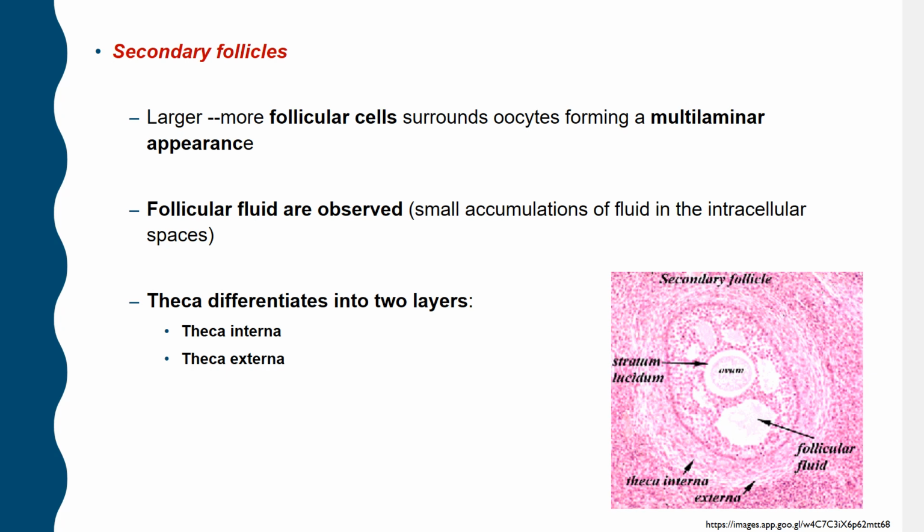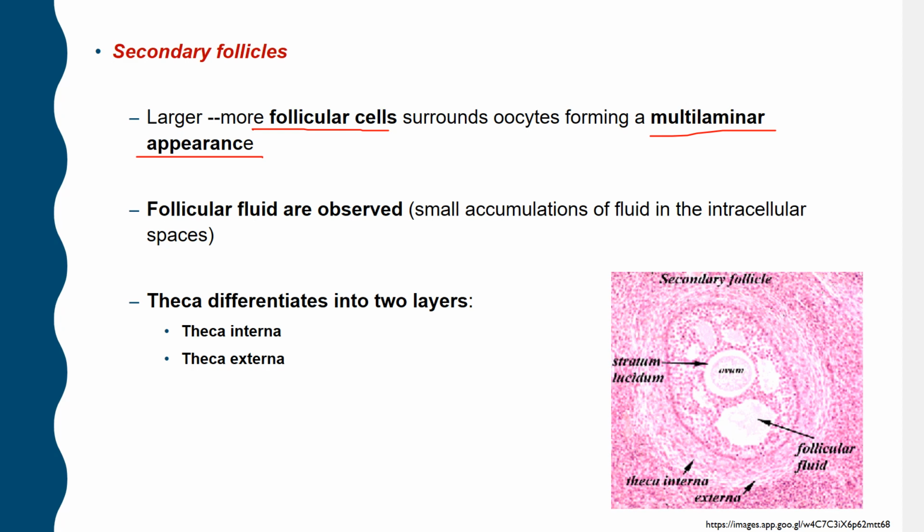Following that, the primary follicle will eventually develop into a secondary follicle. The secondary follicle looks very similar to the primary follicle, except it is larger and has more follicular cells. It has a multilaminar appearance, which means there are multiple layers of follicular cells surrounding the follicle.